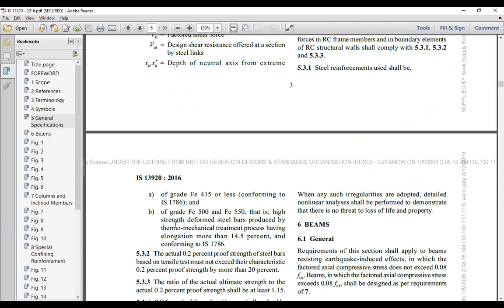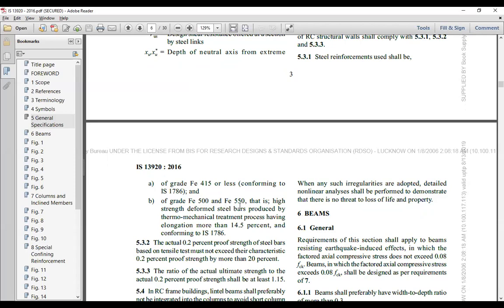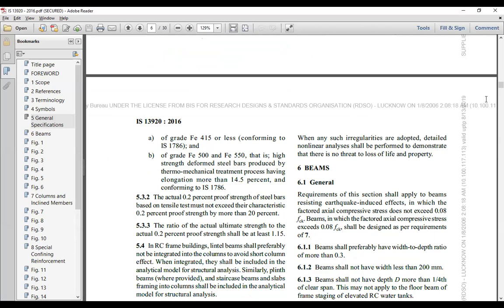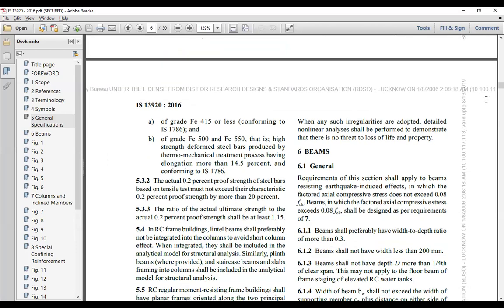One more point is added: of grade Fe 500 and Fe 550, that is high strength deformed steel bars produced by thermomechanical treatment process having elongation more than 14.5% and conforming to IS. So what is the criterion here? This can also be used if the elongation is more than 14.5%. Otherwise, it should be 415 or less. Okay, so these are some of the modifications in the latest code.